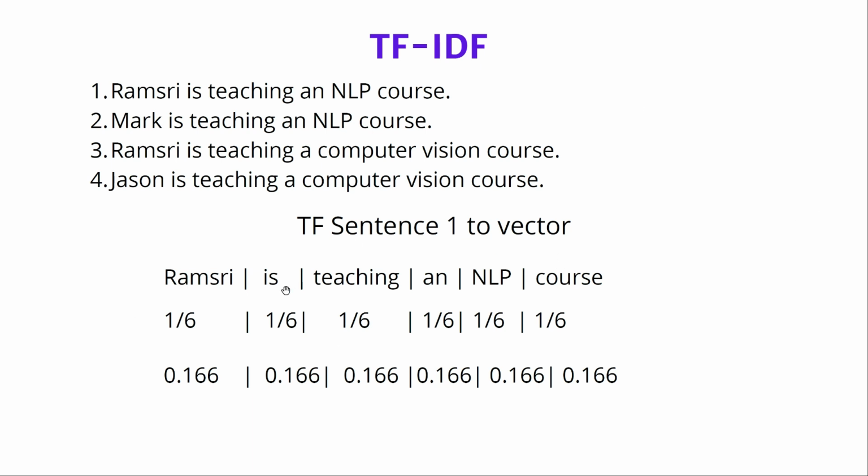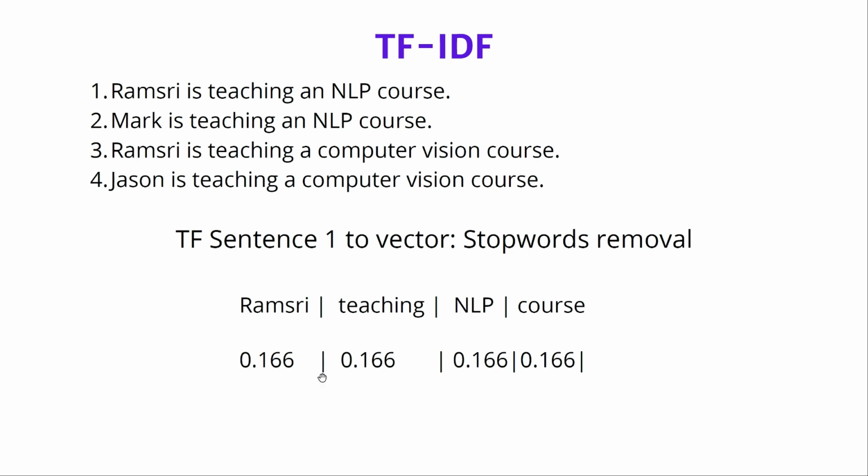But for simplicity, whichever words don't carry much information, we can just remove them so that we can make this concise. So if we just do that, we eliminated "is" and "an", but we are still capturing the relative frequency as it is. So we are dividing by the total number of words itself.